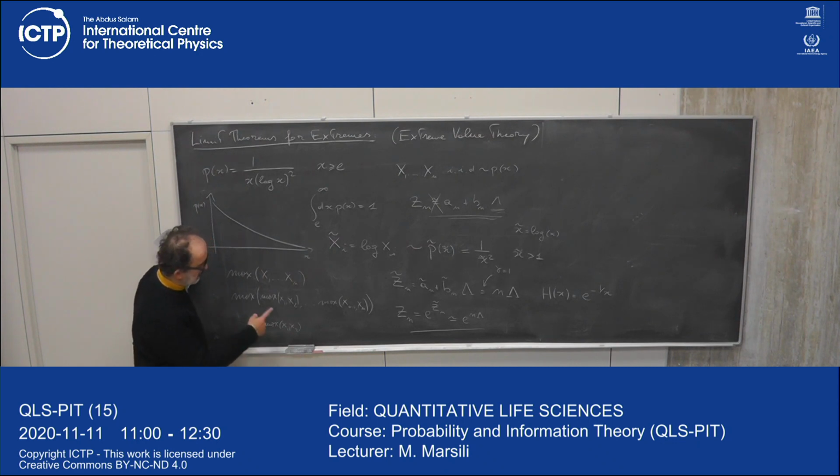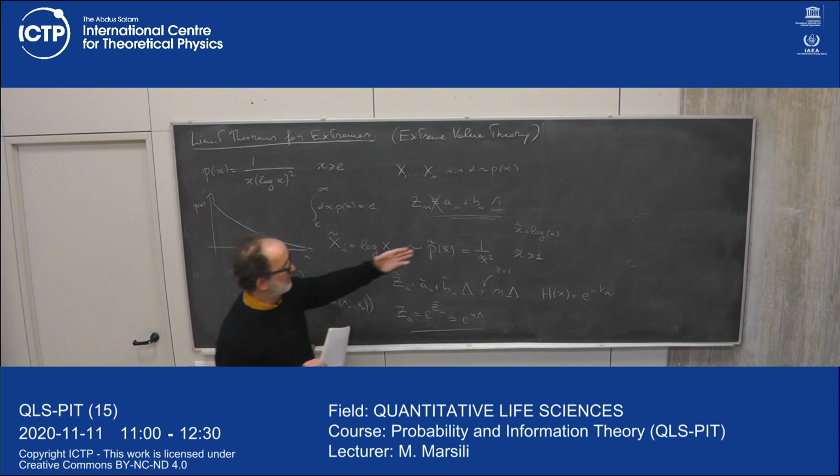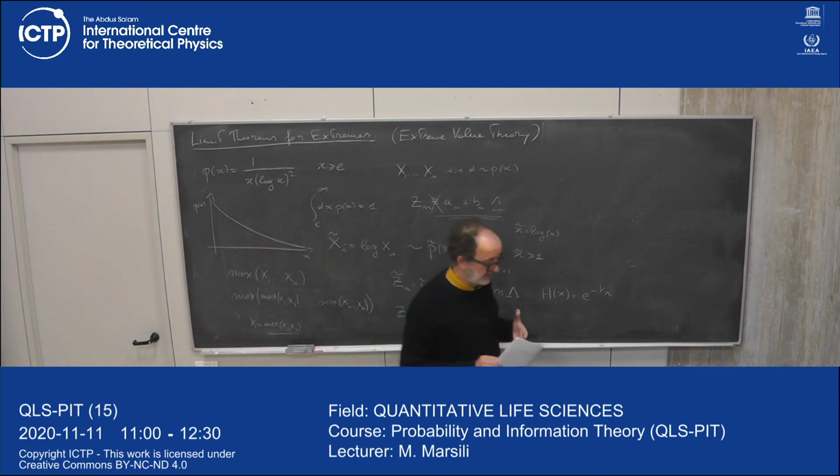And again, you can apply the same idea to this recursion, where essentially you do coarse graining and then a rescaling, and you can look at this renormalization group transformation and find a fixed point, and the fixed point will describe the universal distribution of the random variable for the maximum.